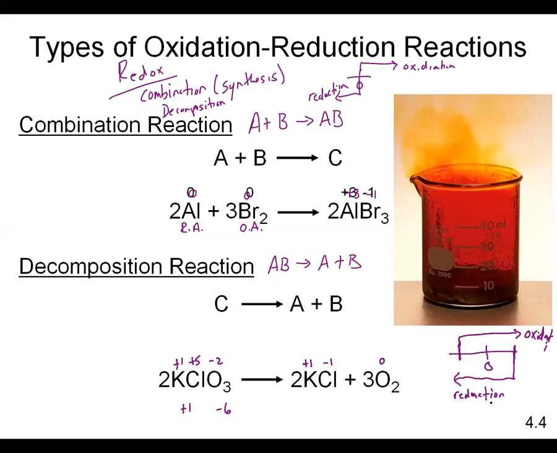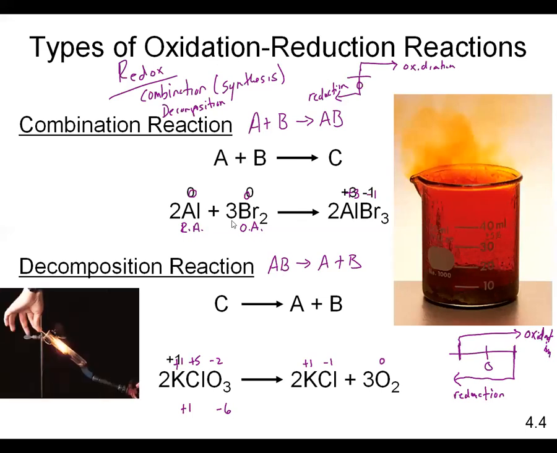So again, although this could be classified as a decomposition reaction, which it probably will be classified in most cases, overall, what's truly happening here is still a redox reaction. Any question on those two? So again, under the big umbrella, we have synthesis or combination and decomposition, which are types of redox reactions.